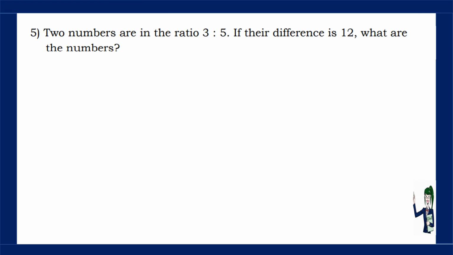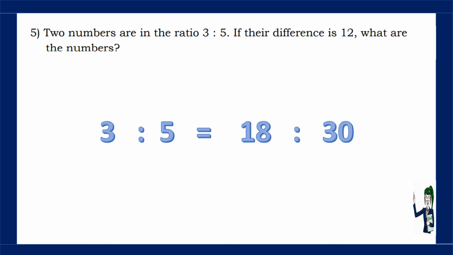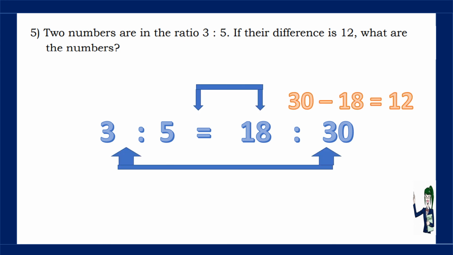Number 5. Two numbers are in the ratio 3 to 5. If their difference is 12, what are the numbers? So the first ratio is 3 to 5, and the second ratio is 18 to 30. We are going to get the difference here. 30 minus 18 equals 12.